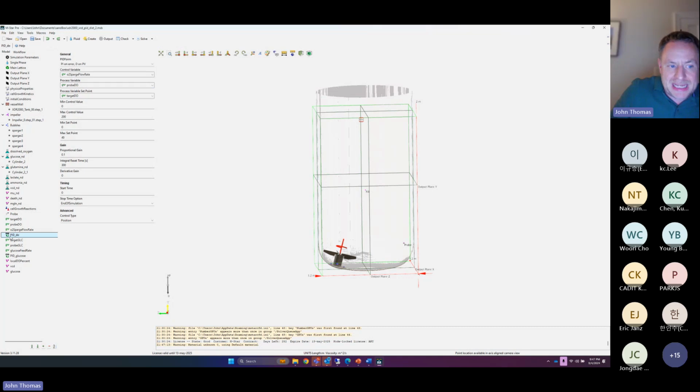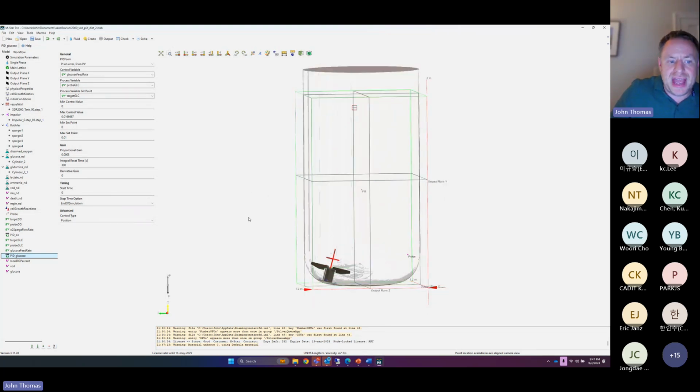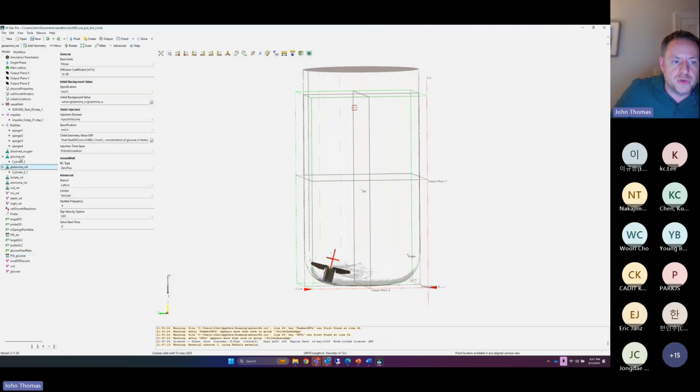So again, I've got a PID controller that's measuring the probe DO, comparing to a target DO, with the associated gain and reset time informing the flow rate. So we're modeling this stuff directly, guys. Likewise, for the glucose PID, we've got a target value, we've got controller parameters, as it were, and then we're using that target glucose feed rate to inform how glutamine and glucose are added to the system, as it were.